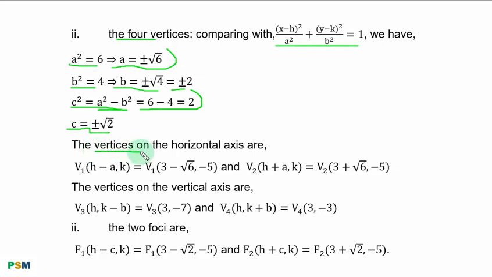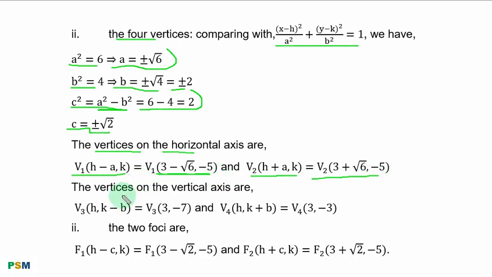The vertices on the horizontal axis are V1 (h minus a, k), equal to V1 (h is 3 minus a, that is root 6, k is minus 5), and V2 (h plus a, k). You write this result, you change minus to plus, you have it in this form.